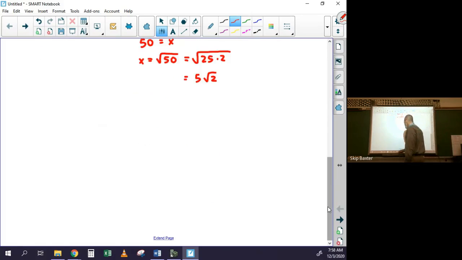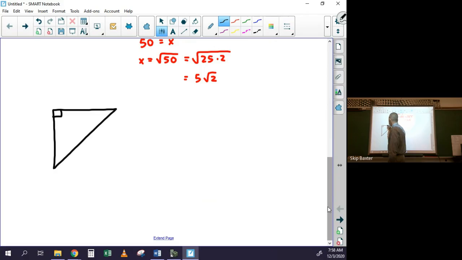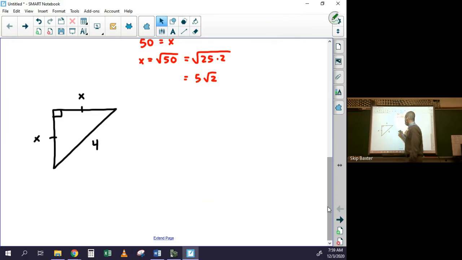Even if they gave us the hypotenuse, like say they gave us something like this, and they said this is isosceles, and let's say this side over here was 4. Since it's isosceles, you could label this x, and you could also label this x, because they're the same length. And then you could still do the Pythagorean theorem. You could just say x squared plus x squared equals 4 squared.